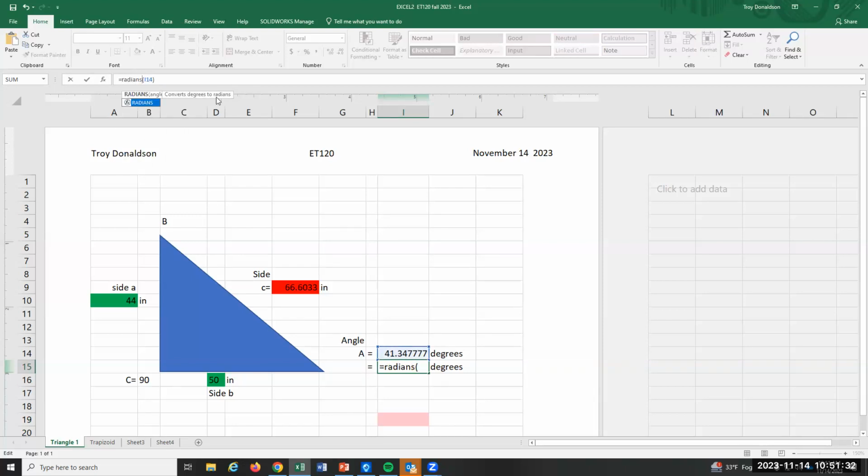So there's one called radians. And it should take that and turn it back into radians. Not that we want that, we don't. But just to show you the two, they're just converters. Going to take any radian, convert it to degrees. You can take any degrees, convert it to radians.